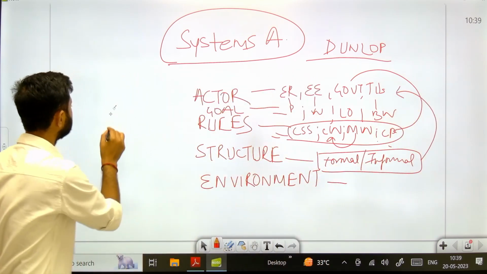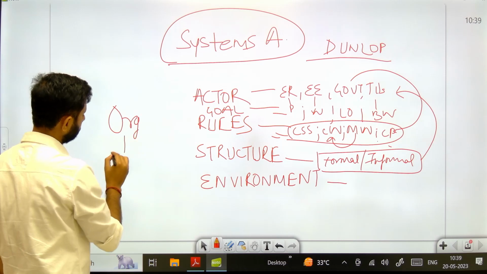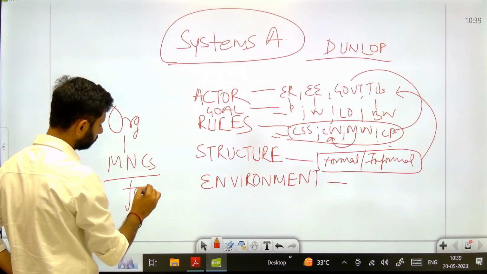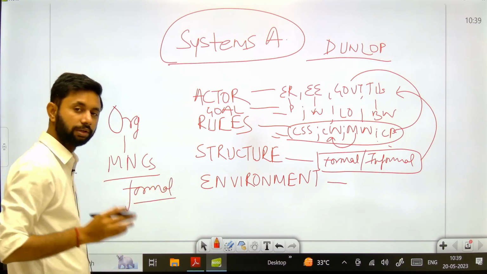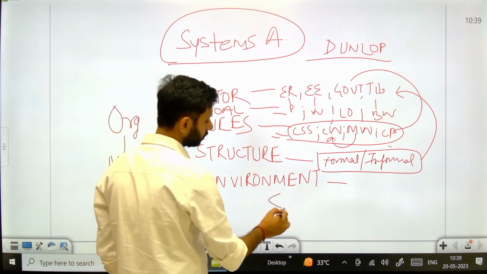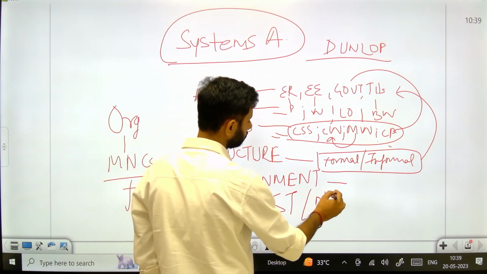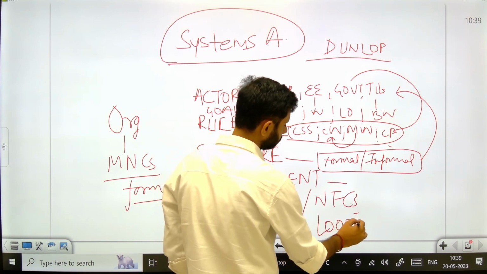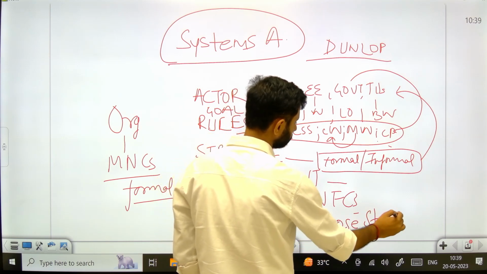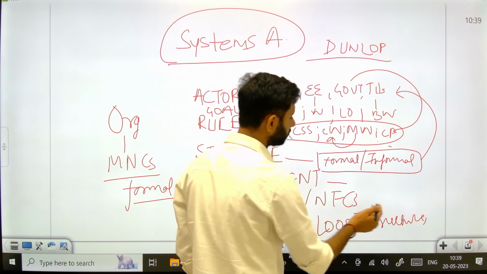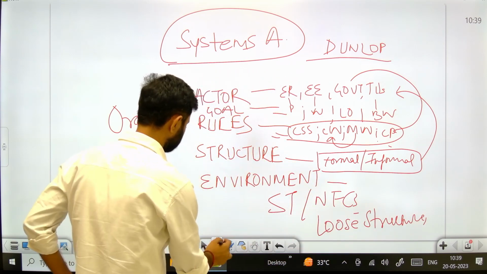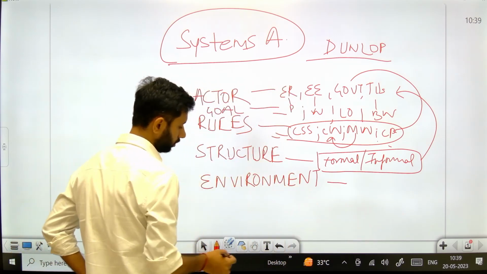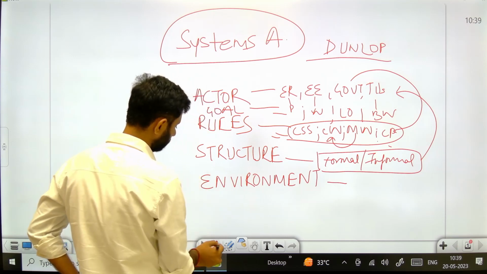In an organizational setup, MNCs have a very formal relationship, but in startups or newly formed companies, they have a very loose structure, so the relationship can get informal. Lastly, environment.